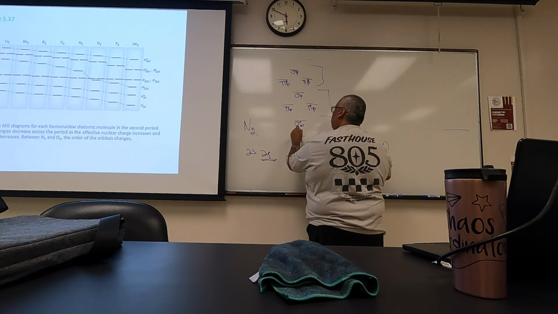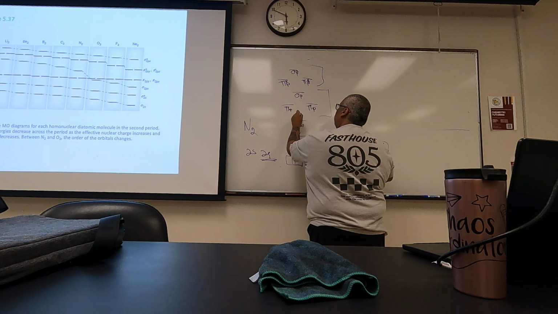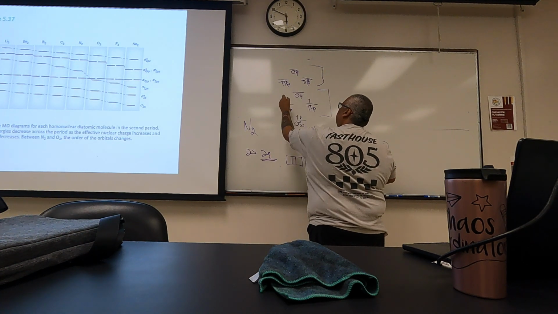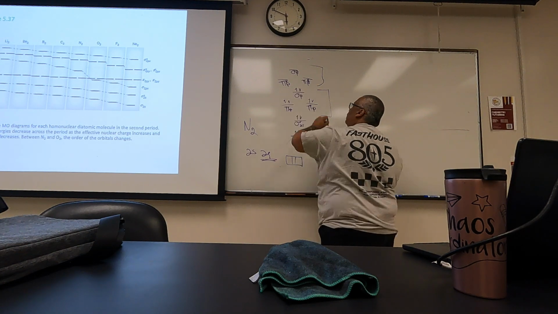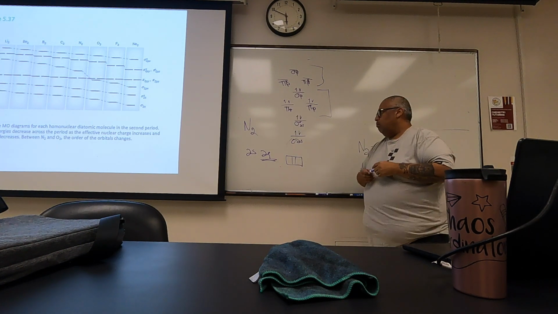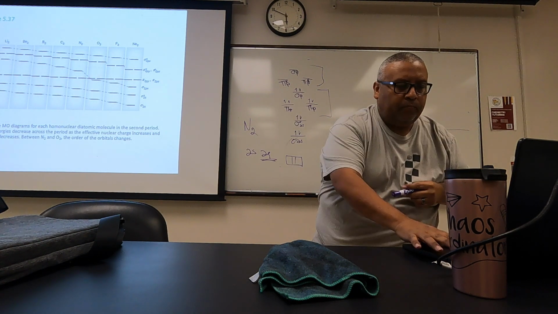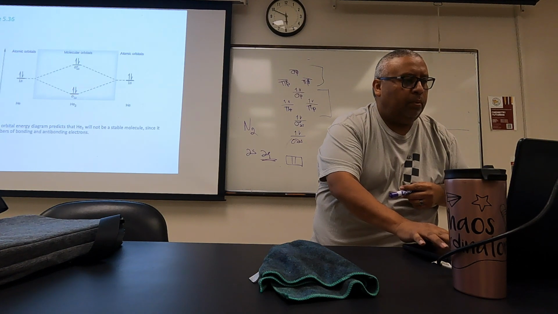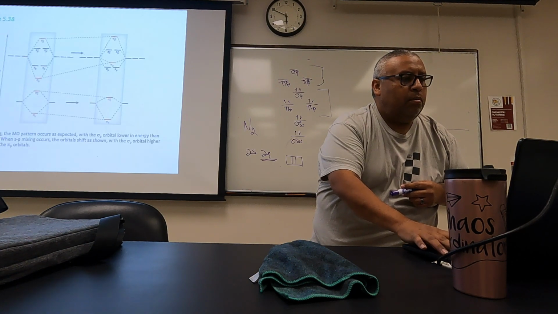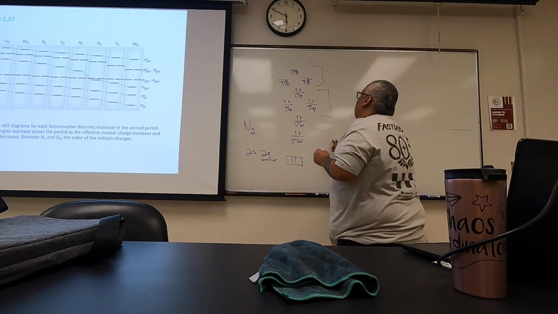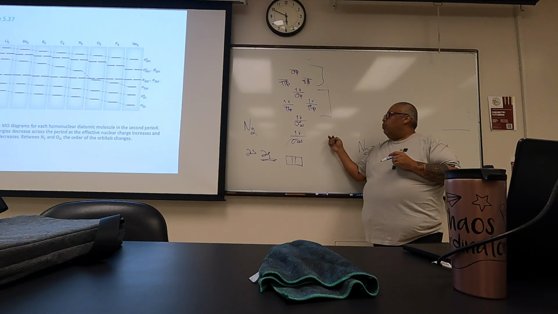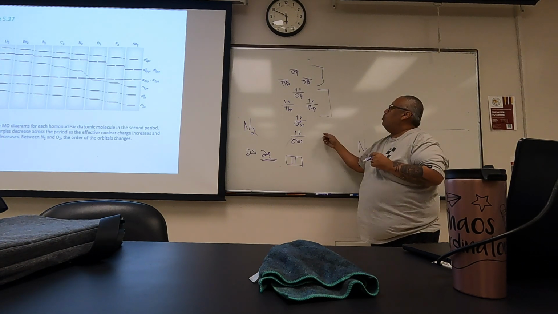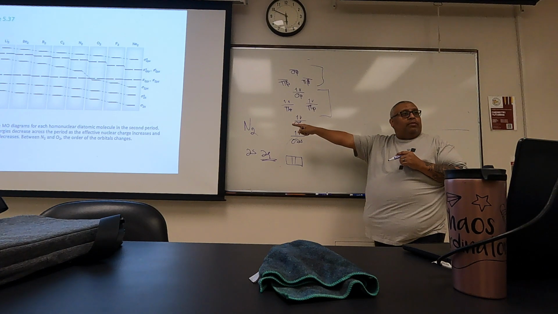So here's 1 electron, here's another electron, 2, 3, 4, 5, 6, 7, 8, 9, 10. Now, this would be the molecular orbital structure for nitrogen, for N2.